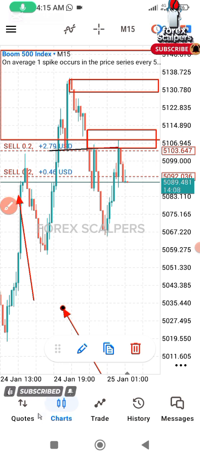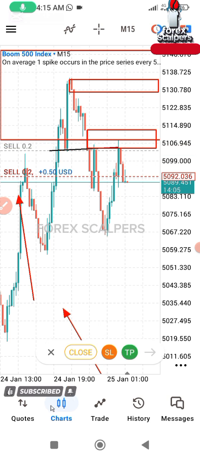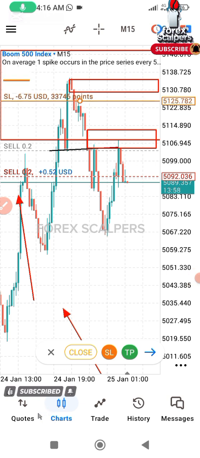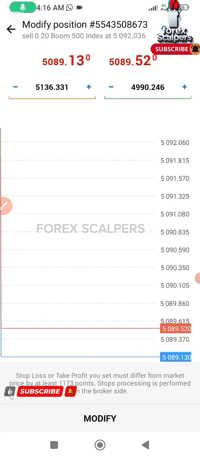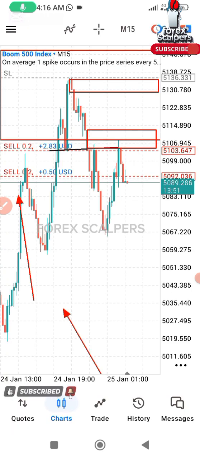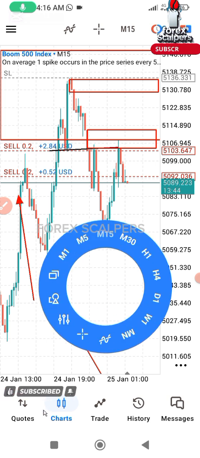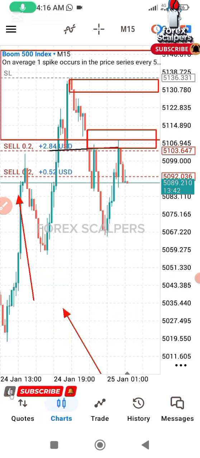So I will adjust this stop loss to this point. So this is how exactly we can make our entry based on break of structure.